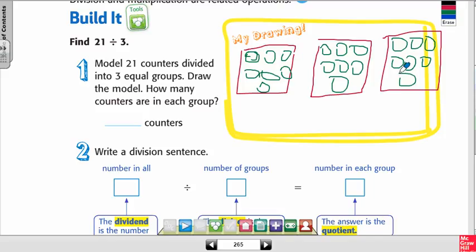I made 3 groups, and then I divided the 21 counters into each group one at a time until I ran out. Now, how many counters are in each group? 7.